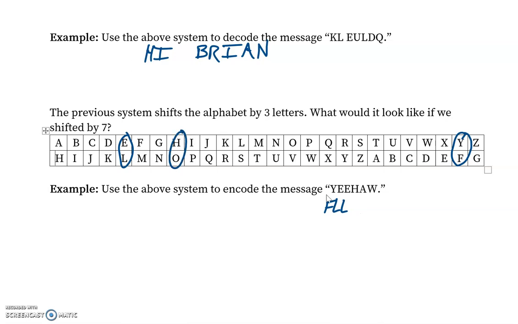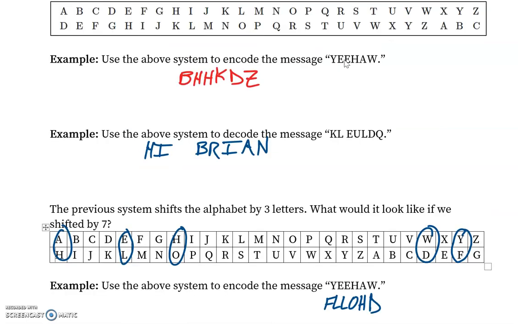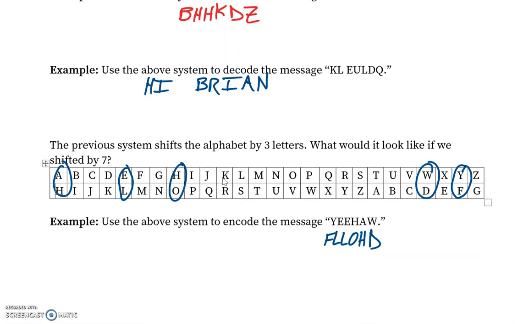H becomes O. A becomes H. And W becomes D. So again, most of these aren't going to make sense when they're encoded, which is kind of the point. Before, when we encoded "yeehaw," we got BHHKDZ, and now with a slight change in our system, we get FLLOHD.